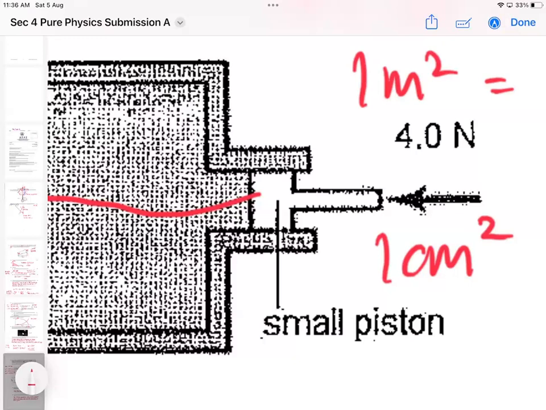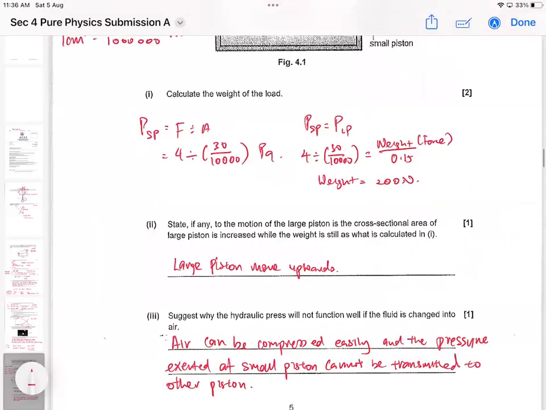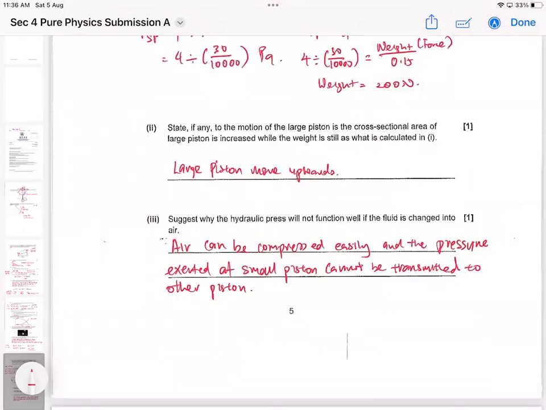So the compression of the air causes the energy to be used, instead of being transmitted to the larger piston. It is now used to compress the air. After compressing the air, the energy is gone already. So nothing gets transmitted over to the final side. So there's this energy here, but the pressure cannot be transmitted over to the other side.